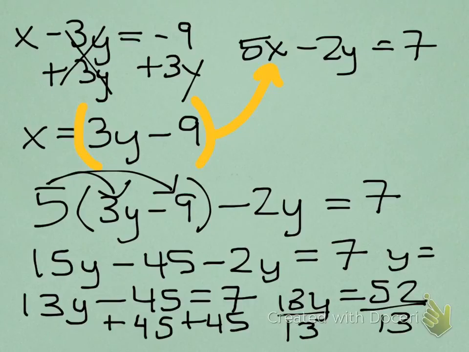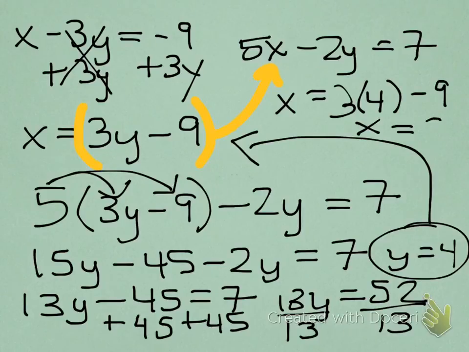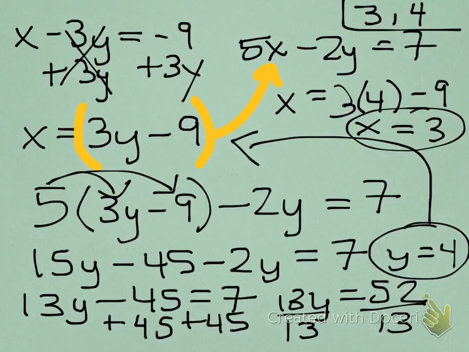So y would be 4, and then I can choose which one I want to put the y in for. So I'll choose the one that I changed to equal x. So x equals 3 times 4 minus 9, or 12 minus 9. So x would be 3. And my answer would be 3 comma 4.